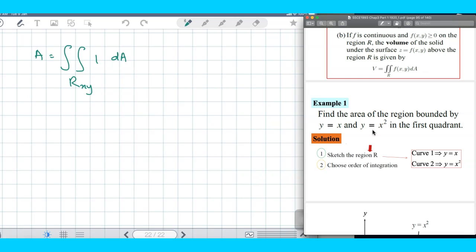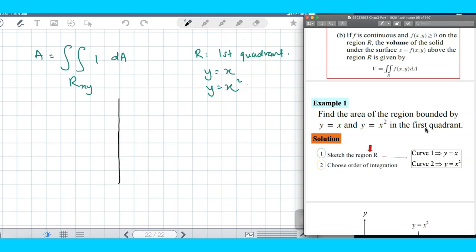It is stated that the region is bounded by the given equations and must be in the first quadrant, so x and y are positive. The equations are y equal to x and y equal to x squared.